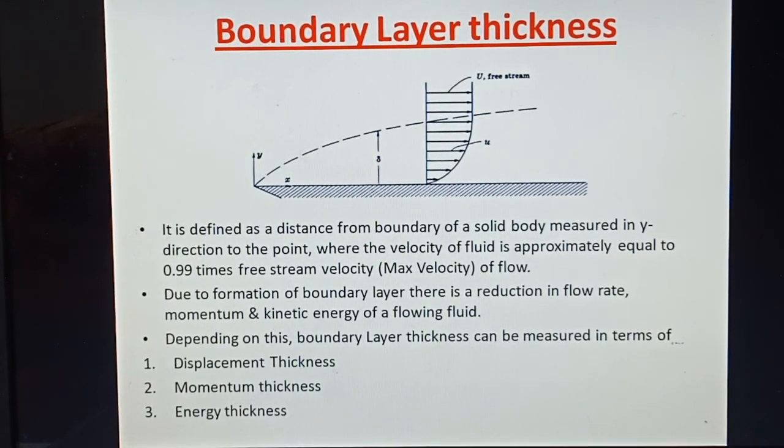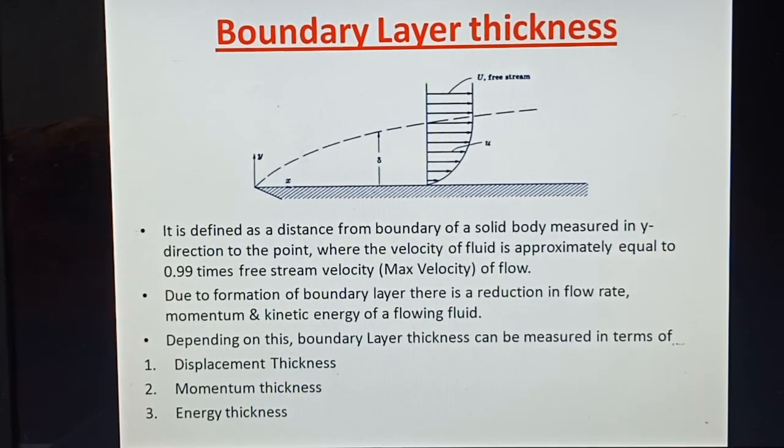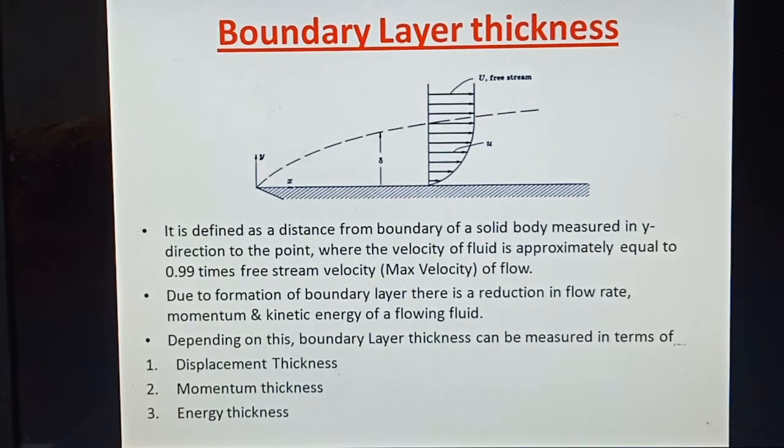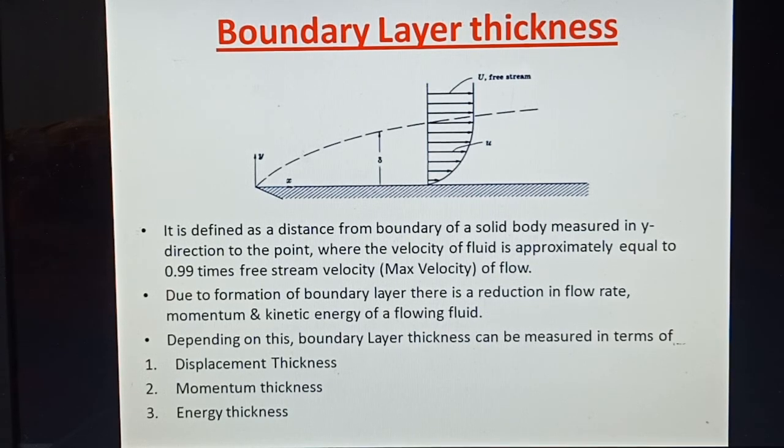Because of this retardation, there is a reduction in flow rate, momentum, and kinetic energy of the fluid flow. Depending upon these reductions, we can measure the boundary layer thickness in terms of displacement thickness, momentum thickness and energy thickness.